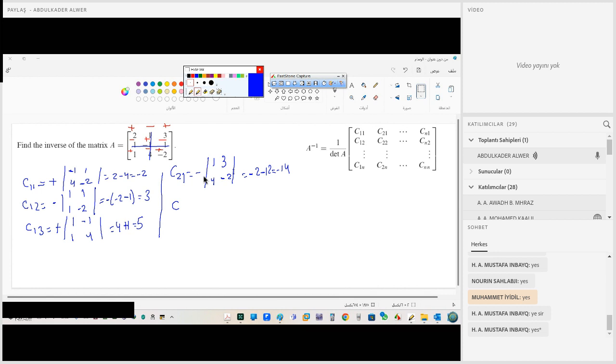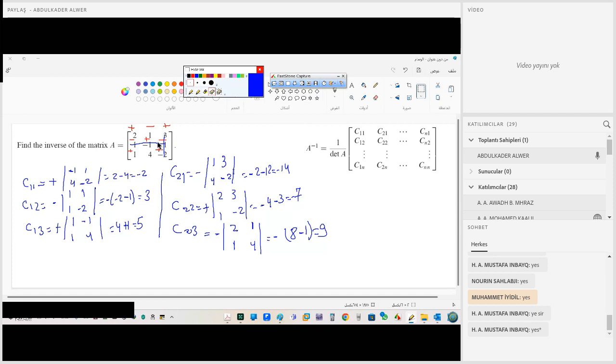So it's C22, positive 2, 1, 3, minus 2, minus 4, minus 3 is minus 7. Now cancel this. Shouldn't we multiply? No, there's no multiplying with anything, just this one. C23, it is negative 2, 1, 1, 4. So it's minus 8 minus 1. It is 9.